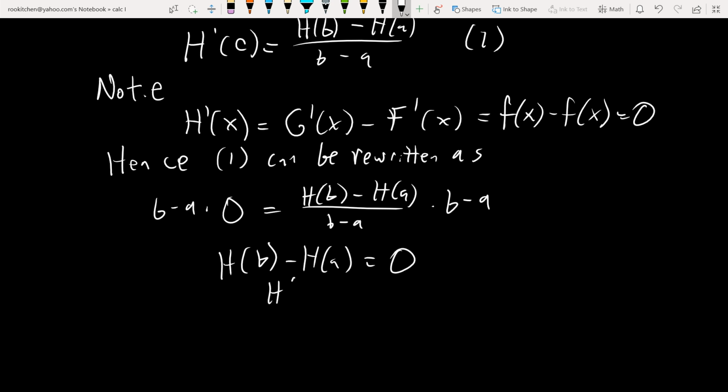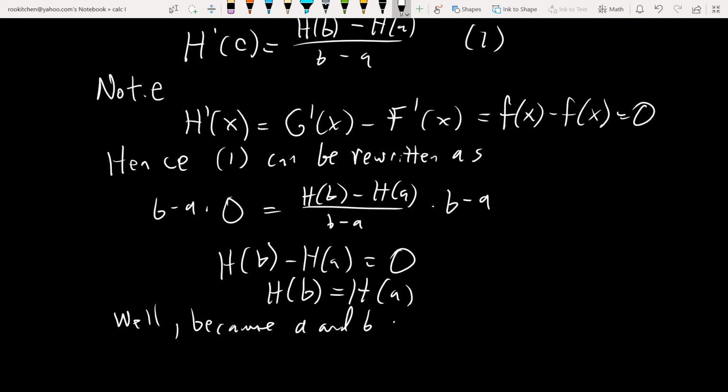In other words, h of b equals h of a. So what does that mean? Well, because a and b were arbitrarily chosen, it must be true for any a, b in that interval.